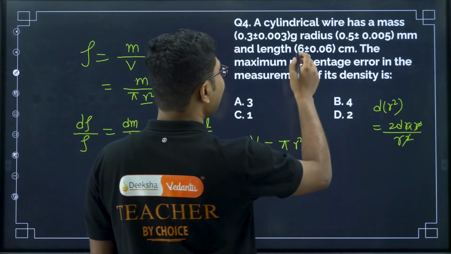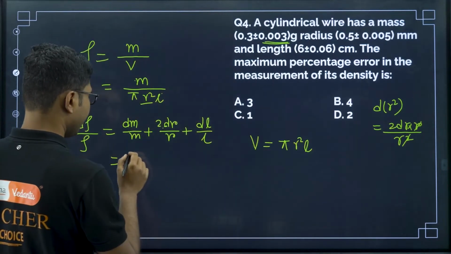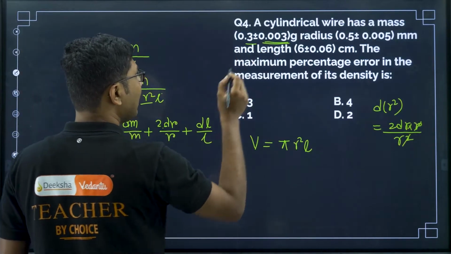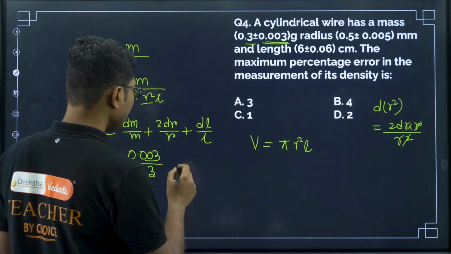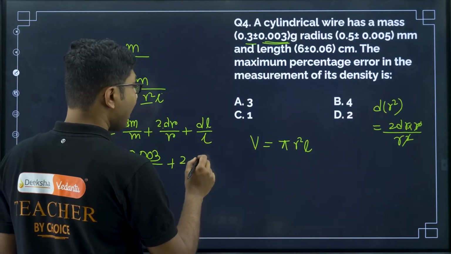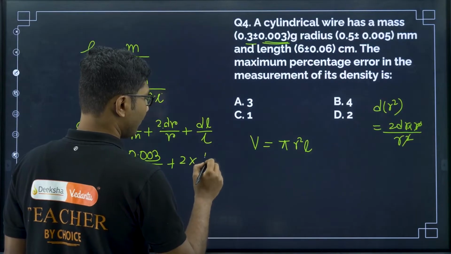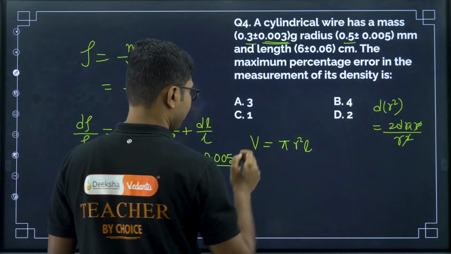Now, what is dm? dm is nothing but the error in the measurement of mass, so it is 0.03. And what is the mass? Mass is the previous value, 0.3. Plus 2 times the radius error, which is 0.005, divided by the radius, 0.5.